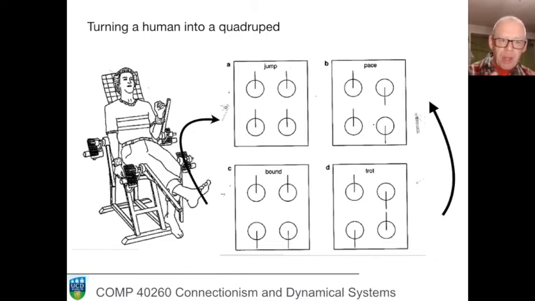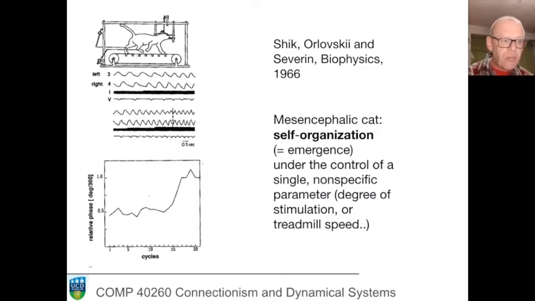There was some motivating work from the 1960s from Russian laboratories, which was done on cats known as the mesencephalic cat. These cats were prepared by severing, essentially, the connections between the primary motor cortices and the rest of the body.